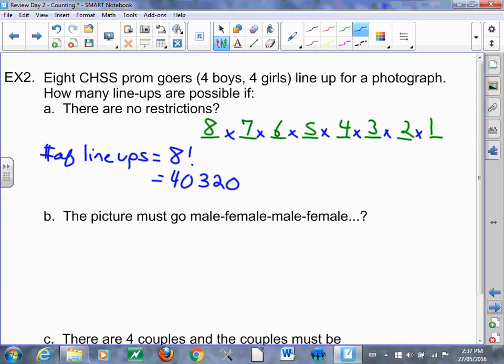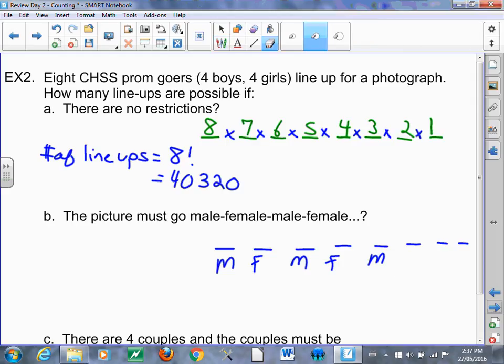What if the picture must go male, female, male, female, male, female, male, female? Well, we could line the 8 up, 1 through 8, alternating male, female. Taking a look at that, folks, how many possible males are there?